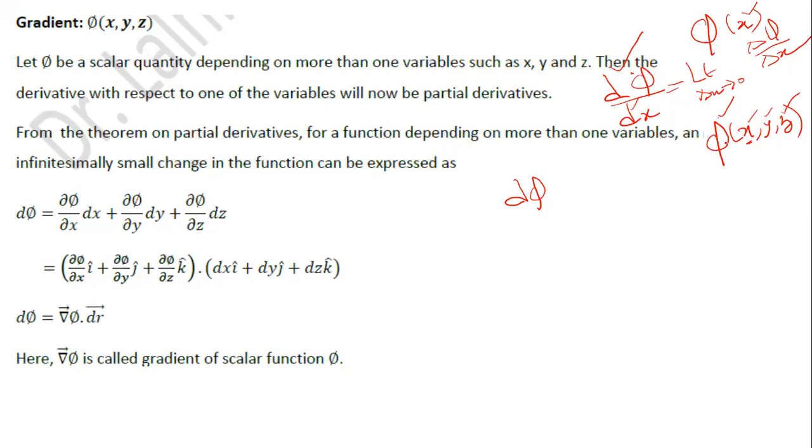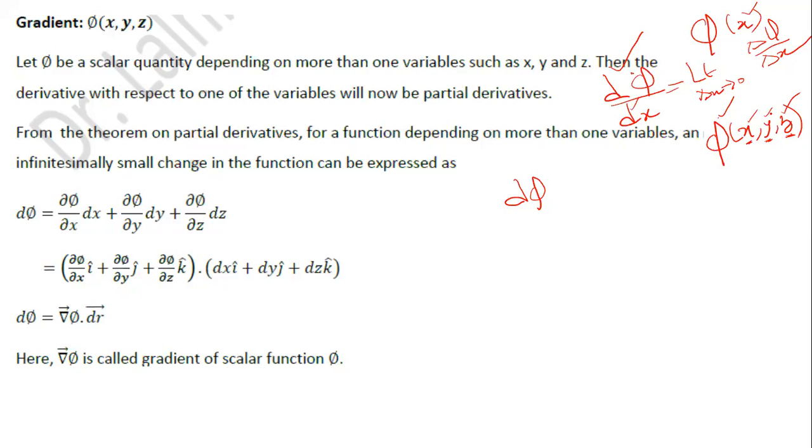Change in function phi can occur with respect to changes in y, and similarly change in phi can also occur with respect to changes in z, right? So because of that, we have to consider how quickly this function changes with each and every variable on which this function depends, right?